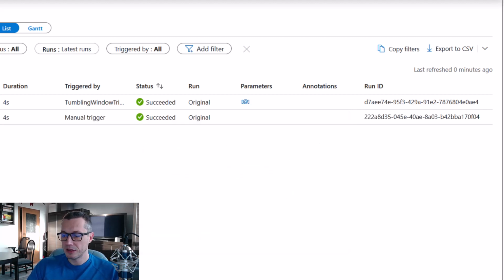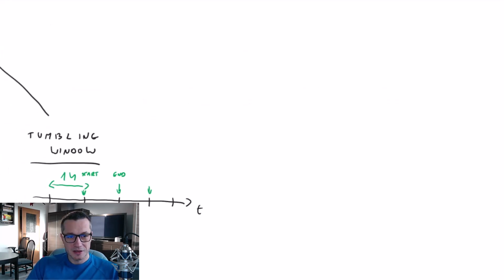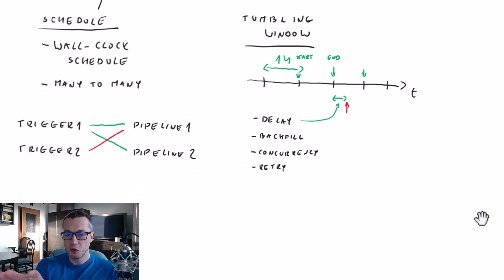All right, so that's how this tumbling window trigger works. If you compare the schedule one to the tumbling window trigger, the differences are quite obvious. And one more thing that I didn't talk about yet is that in the case of tumbling window, it's a one-to-one relationship. So you have to create a dedicated tumbling window trigger for every pipeline that you want to schedule in this way.